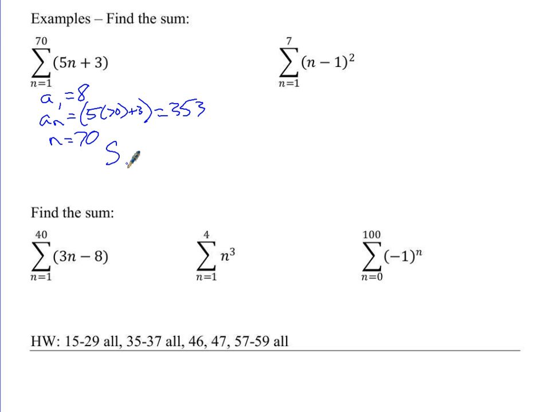So now I'm going to write S sub what? S sub 70 equals 70 times the quantity 8 plus 353 over 2. So that's S sub 70 equals what? The sum of the first 70 terms in that series is what?